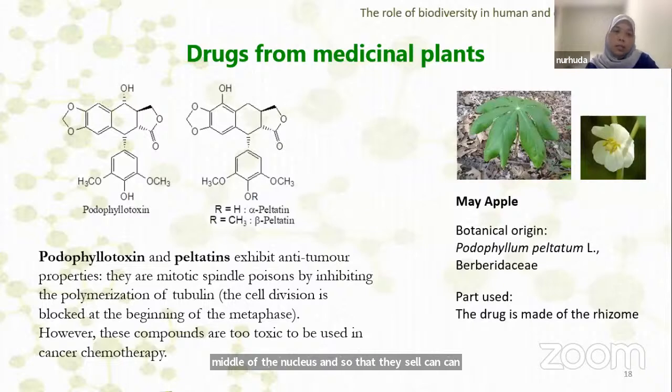But inhibition of tubulin formation stops the division of the cell. This is how it stops the growth of the cancer cell. But it's very toxic. It's too toxic to be used in cancer chemotherapy.